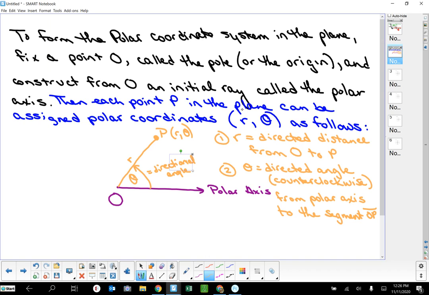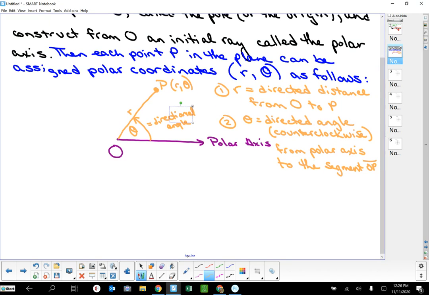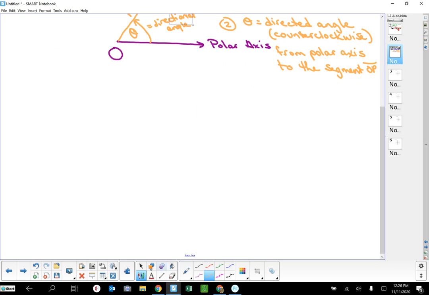That doesn't really help you actually graph these though. So here's what's going to happen. Let me quickly draw one of these. I'm going to start out with 2 lines, which are your polar axis.